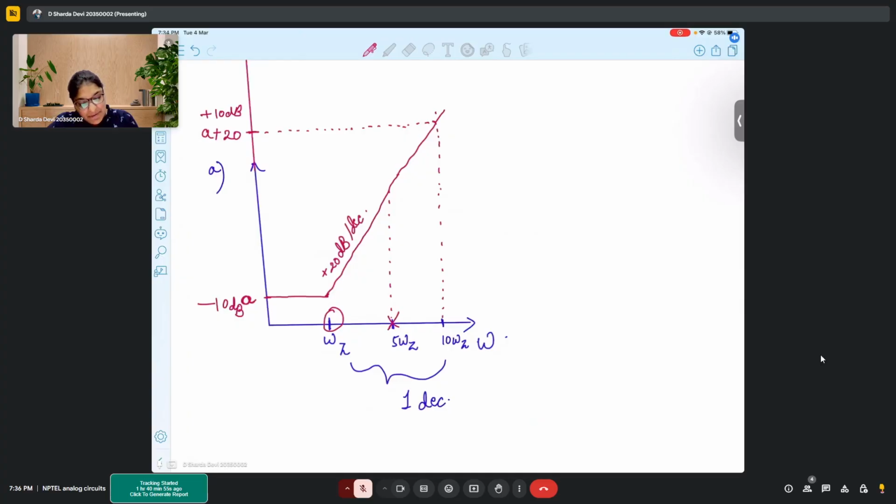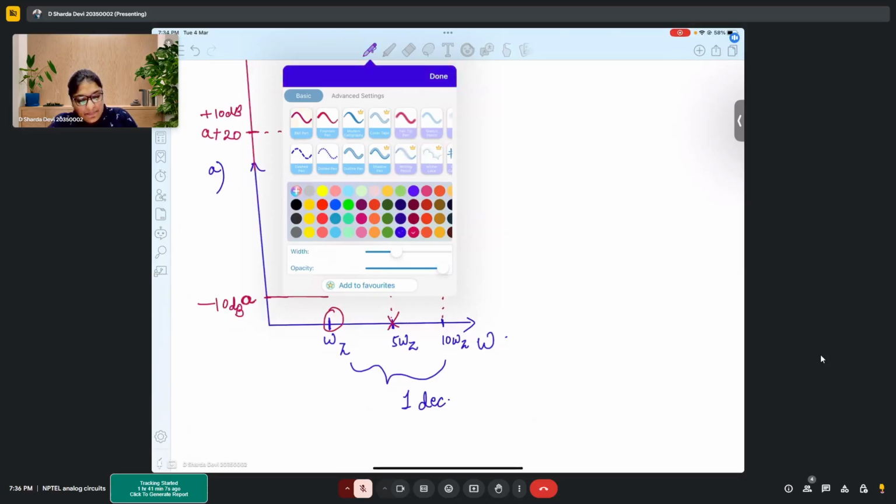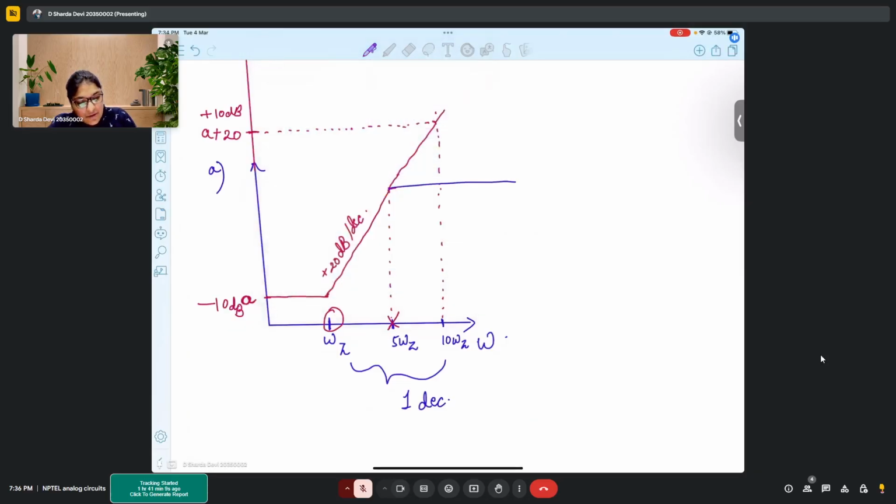But what is happening is that at 5 omega Z it encounters a pole. Since it encounters a pole, the resultant becomes constant, because of the plus 20 dB per decade slope and, because of the pole, a minus 20 dB per decade slope.